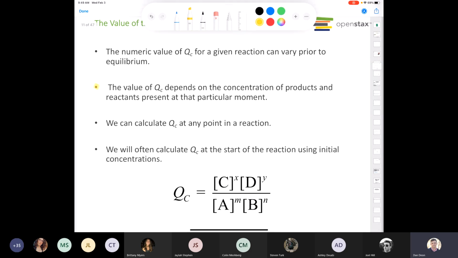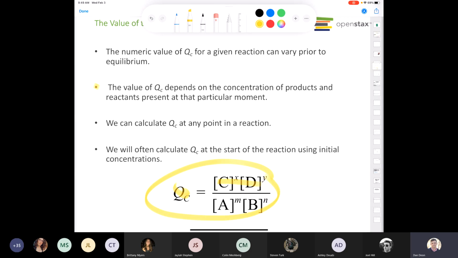Now, if you understand math, you'll know that the value of this is going to depend on the concentration of products and reactants at the particular moment. So that means that QC is going to vary with concentration. As long as we have the concentrations of our reactants and products, we can calculate QC at any point in a reaction.